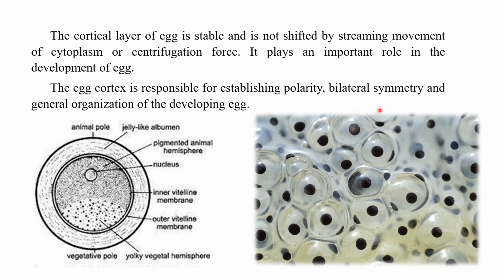Here we are not going to study them in detail because our focus is only on the structure of the amphibian oocyte in this session, not the detailed function of it and detailed involvement of the egg cortex in the process of development.